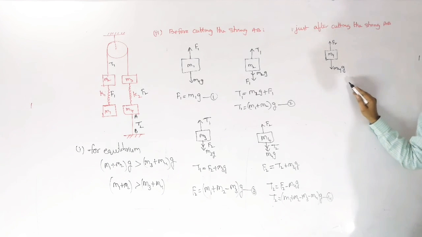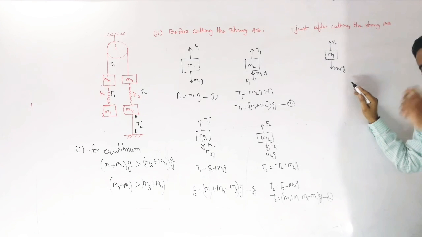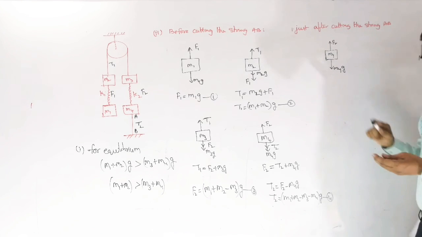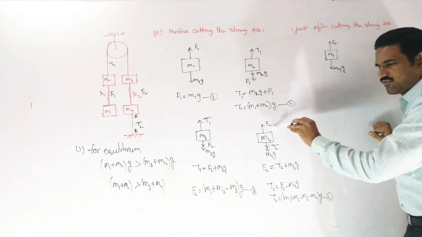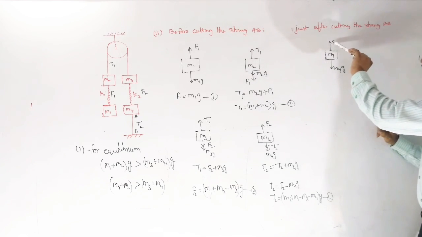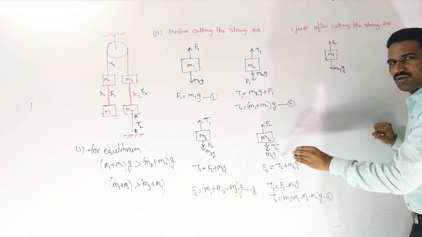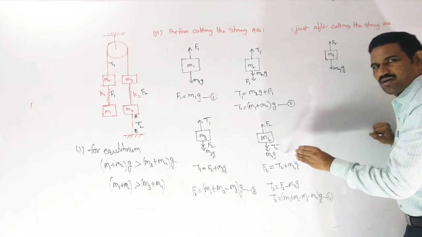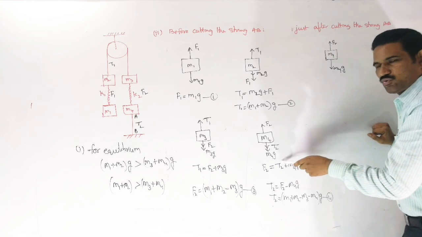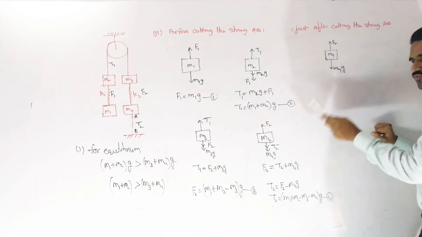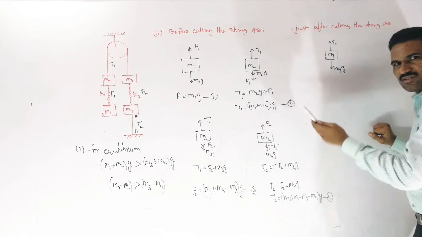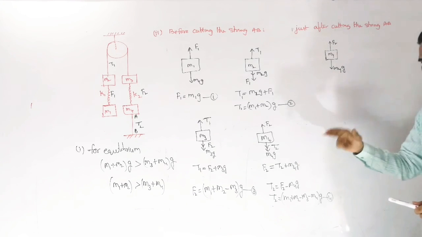Now, if the system was in equilibrium, M4 could remain in equilibrium. What I am saying is, whatever F2 is there, for example if you take 50 newtons, the same 50 newtons will be there here. If the weight of the block is say 30 newtons, then the same 30 newtons will be there, right? Only the T2 value, which is 20 newtons, disappears as we are cutting the string.